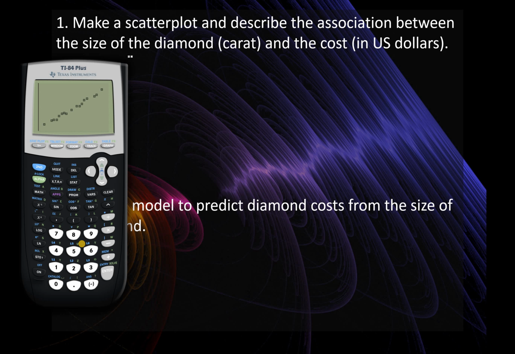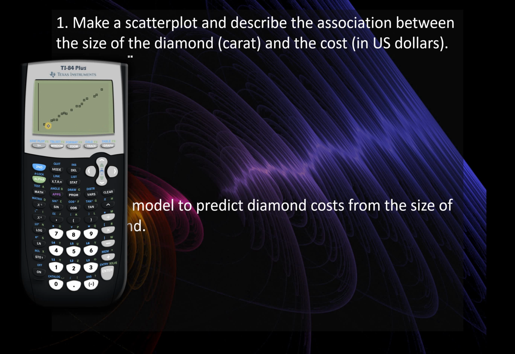Now, if I were to describe that, I would say there's a definite positive association. So that would mean as the size of the diamond increased, the cost in US dollars also increased. Remember, if you do a scatter plot in your calculator, you have to draw this and you have to label this axis down here.